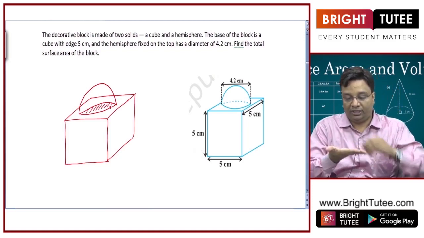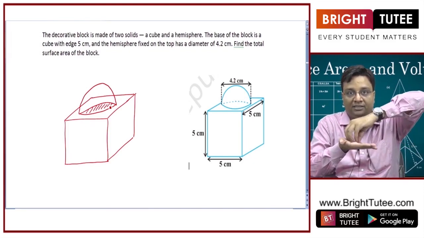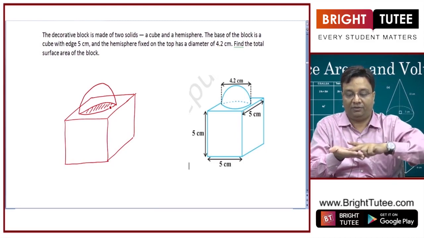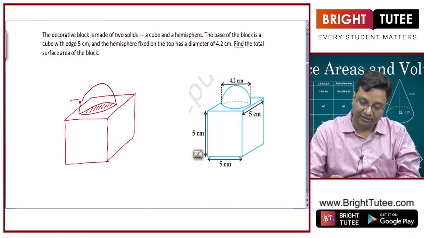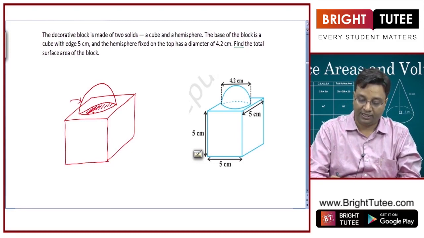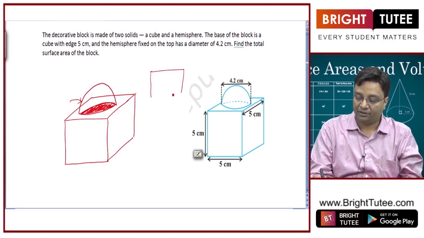Let us say I have got a solid and I mount something on it. So the area that is covered by this hemisphere will vanish, right? In this new solid, this is the area that we are concerned about. This area we need to eliminate, okay? Let us say this was the top of the cube.